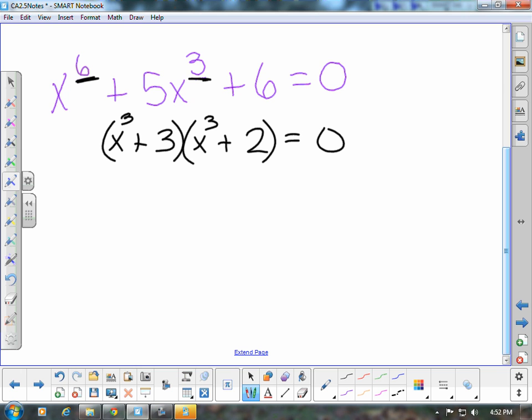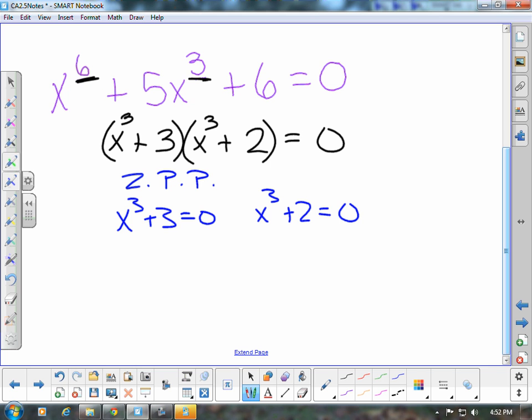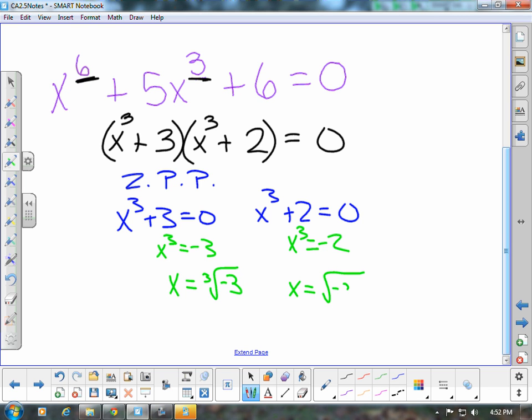And then using your zero product property, you would say x cubed plus 3 has to equal 0, and x cubed plus 2 has to equal 0. And then solving this, x cubed would equal a negative 3, and then x would equal the cube root of a negative 3. And here it would be x cubed equals a negative 2, or x equals the cube root of a negative 2.